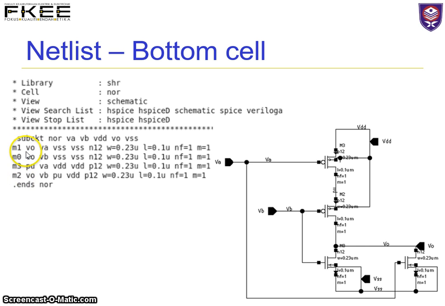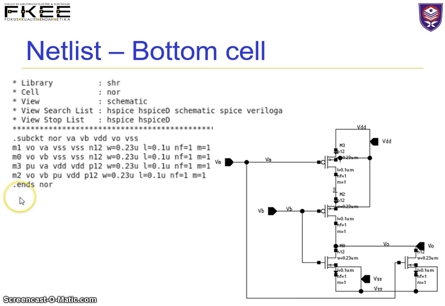M1 is between VO and VA, the input coming from here. The source is VSS, and the fourth terminal, the bulk, is also VSS. Similarly for M0, the input is VB, and M3 over here connects to VDD. And then we have M2. This PU is a line that I named PU. So this will describe the circuit.